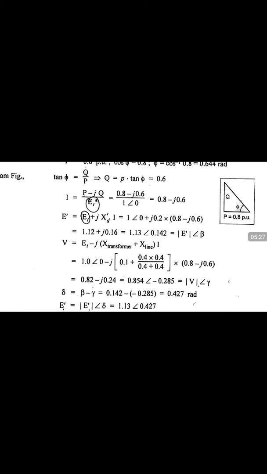When we substitute these values in our calculator, we get 1.13 at an angle 0.412, which is equal to the generator voltage. Make a note of it. This is E dash, equal to modulus of E dash at an angle delta.